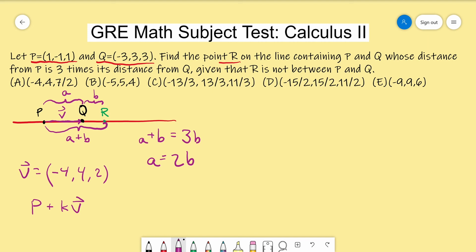What does this mean? Well, this means that B is equal to 1/2 of A.